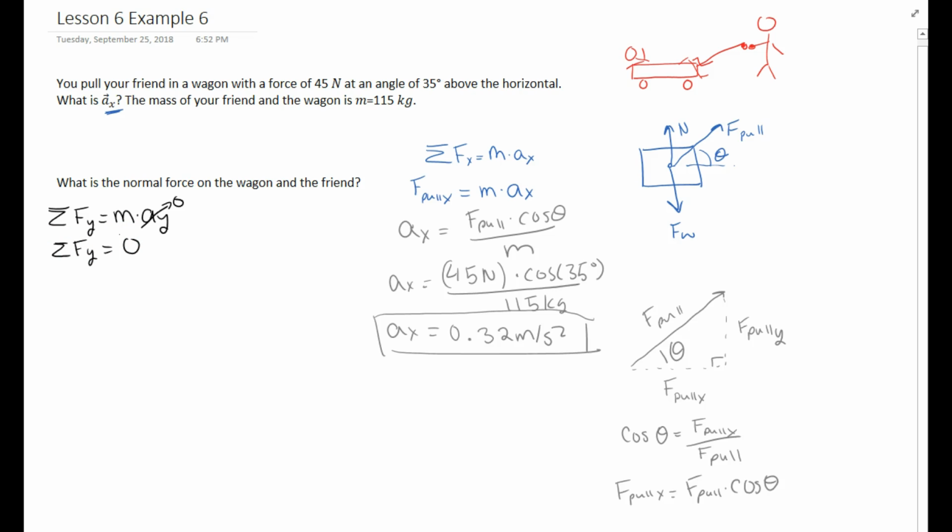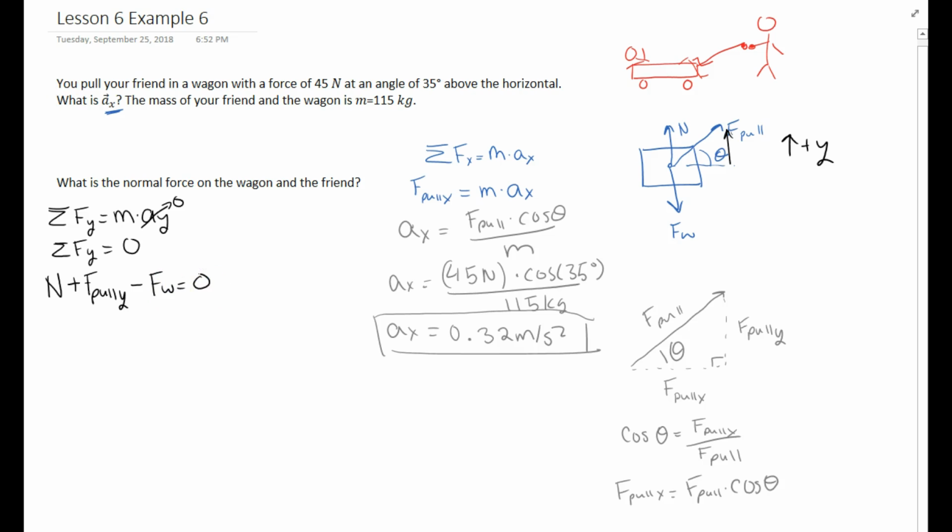We have to now take into account what are the actual forces we're adding. Up is positive, so we're going to look at our normal force, which is up, the y component of our pull is going to be up, and the force of our weight is going to be down. So normal force plus F pull y minus force of weight is equal to 0.